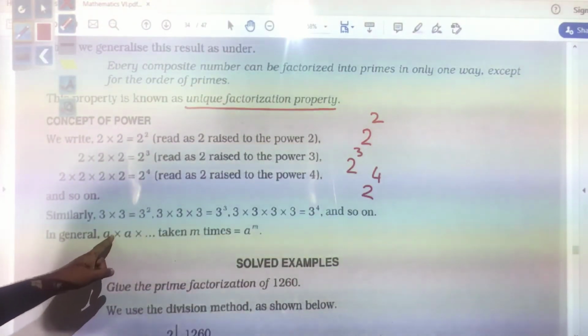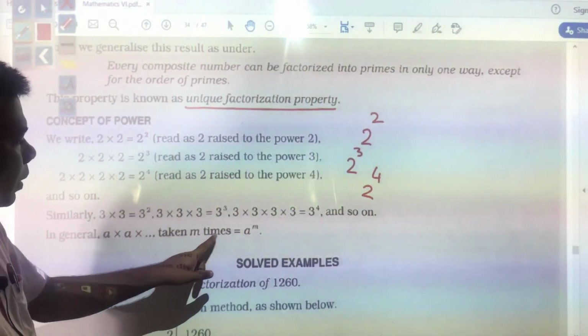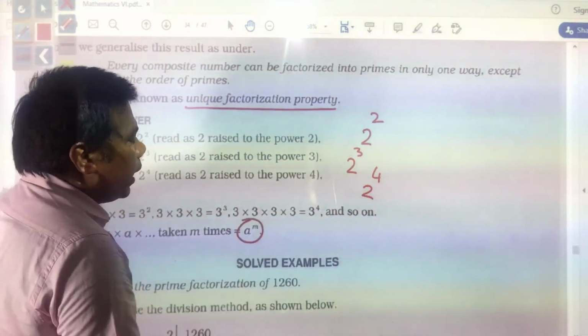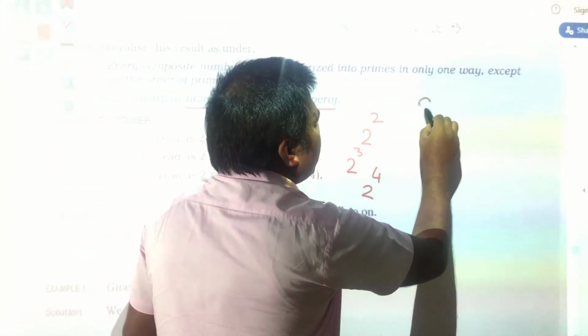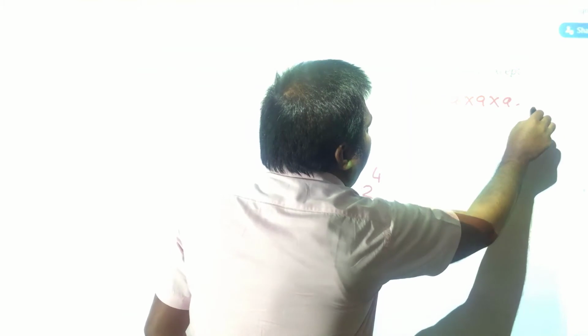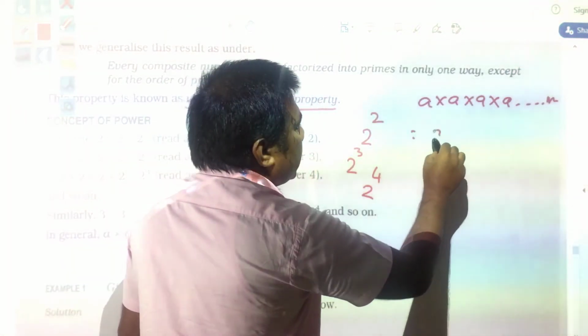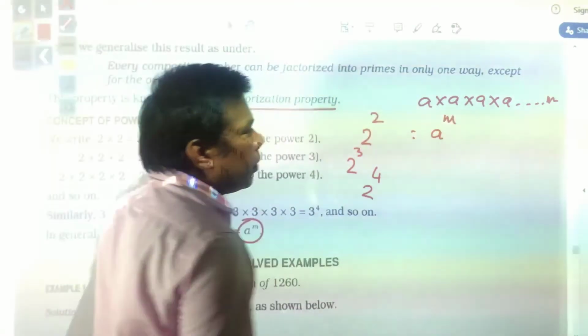In general, a into a, if it is m times, can be written as a to the power m. Suppose you have a into a into a into a, m times. It can be written as a to the power m.